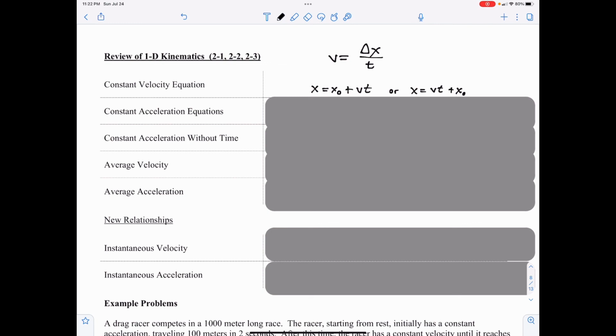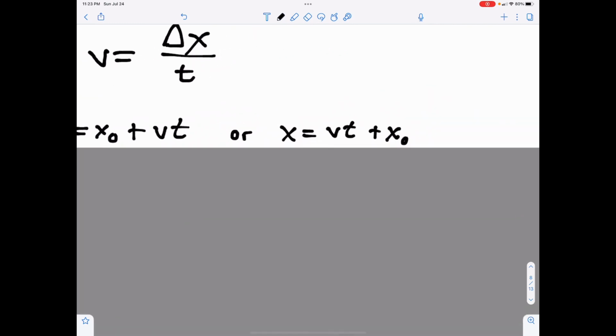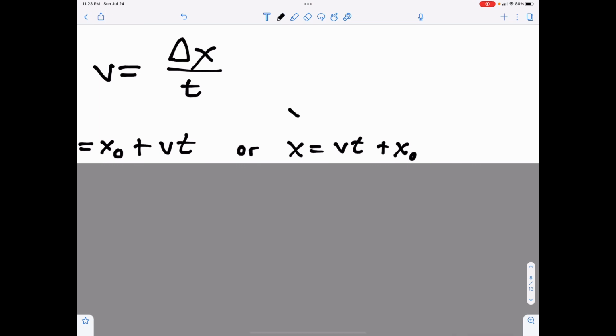We could write it this way because it puts it in slope-intercept form, which is very recognizable: the slope of a position versus time graph is your velocity, and the y-intercept is your initial position.